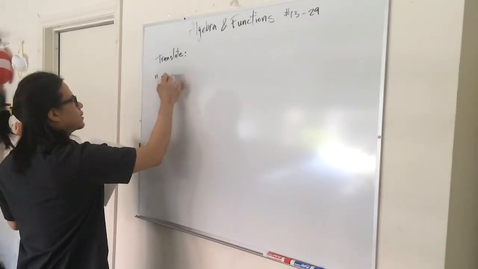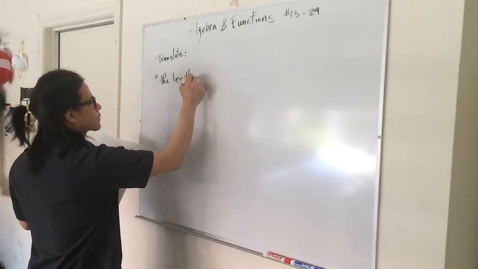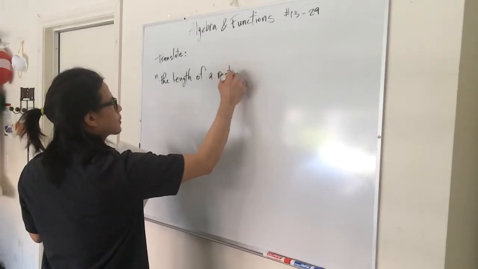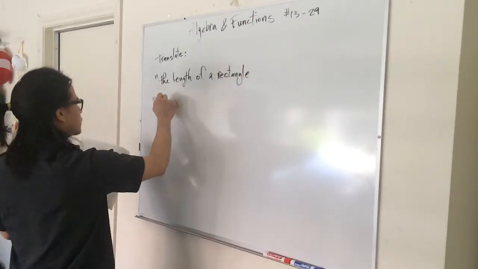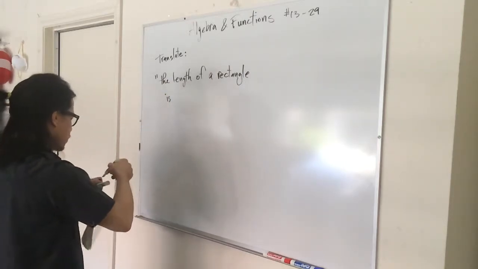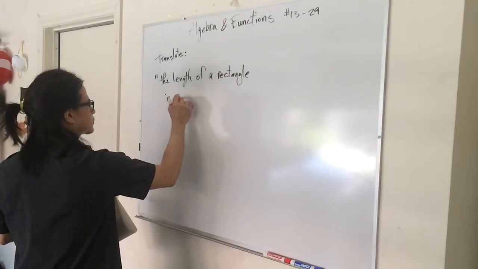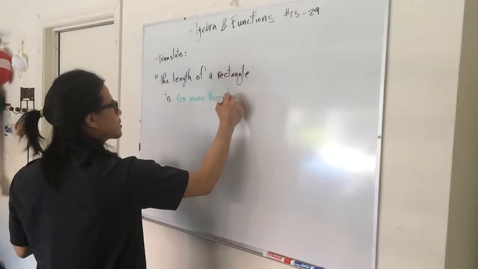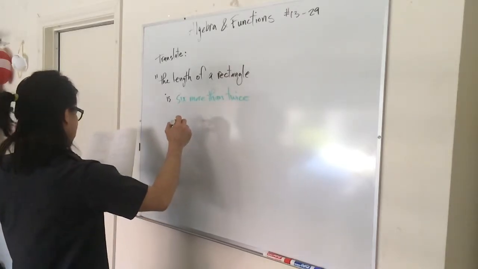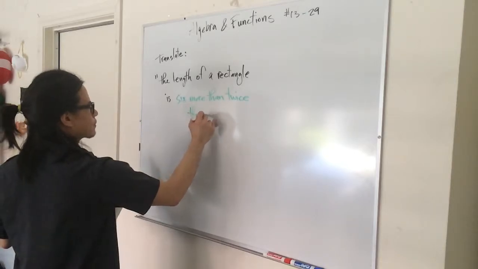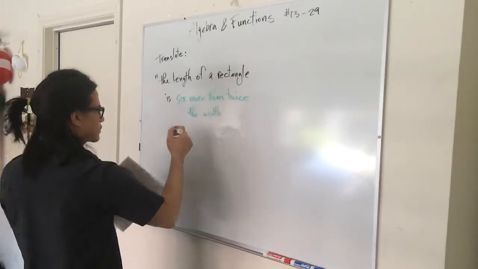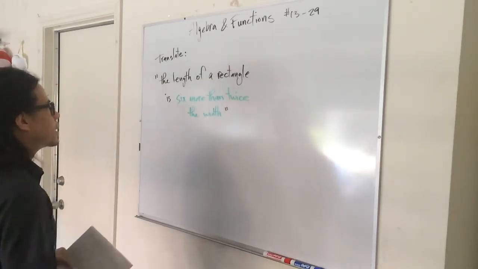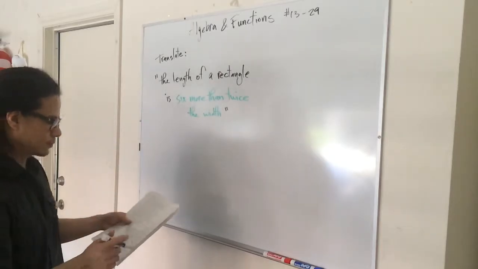Say the length of a rectangle is 6 more than twice the width. Okay. The length of a rectangle is 6 more than twice the width.